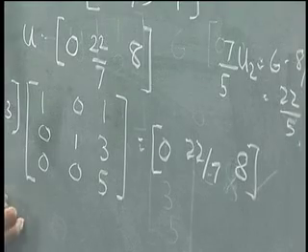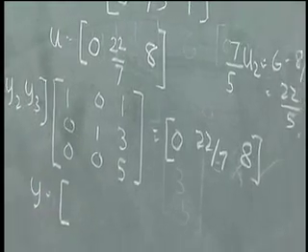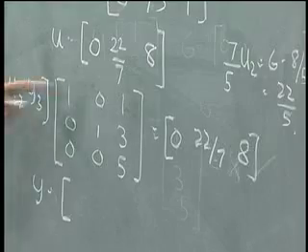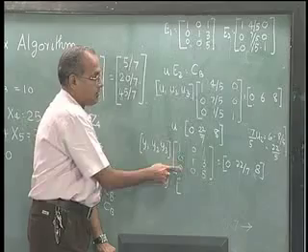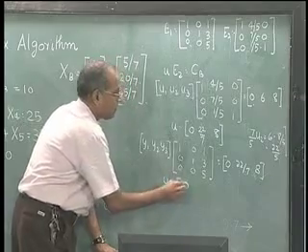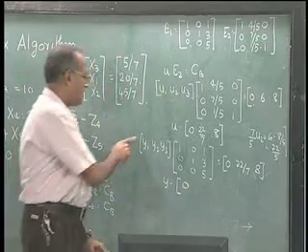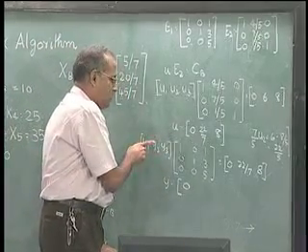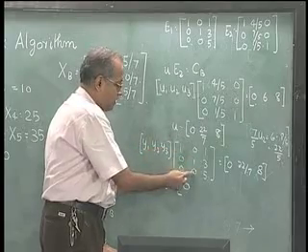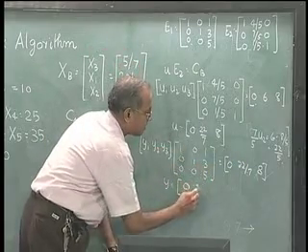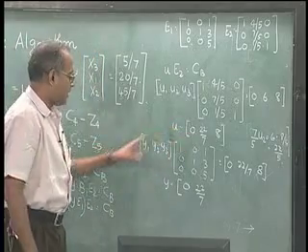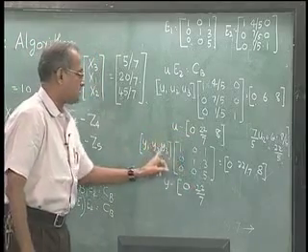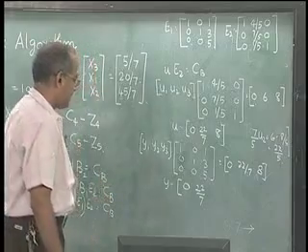Now, from this, 1 into y1 plus 0 into y2 plus 0 into y3 is 0. So, y1 will be 0. 0 into y1 plus 1 into y2 plus 0 into y3 is 22 by 7. So, y2 is 22 by 7. 1 into y1 plus 3 y2 plus 5 y3 is equal to 8.